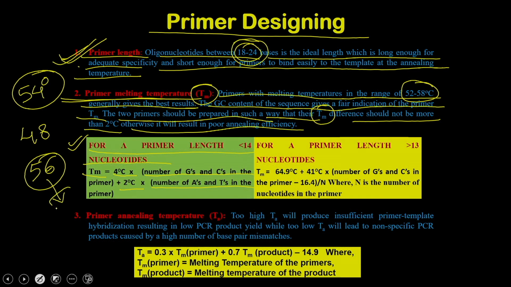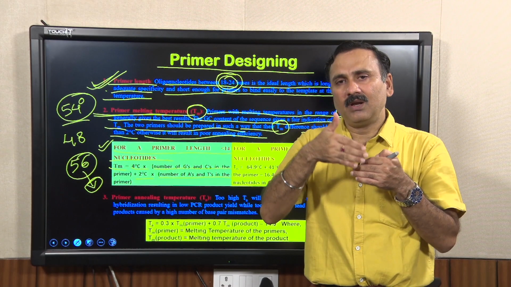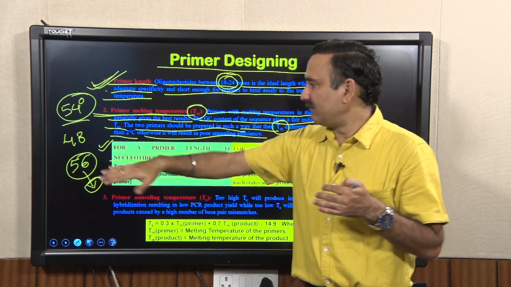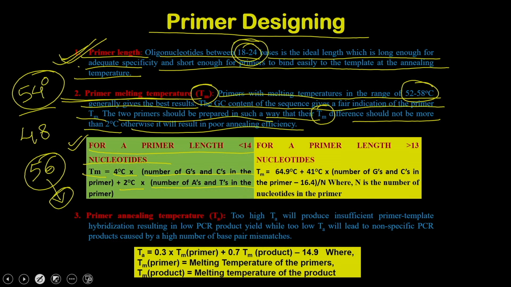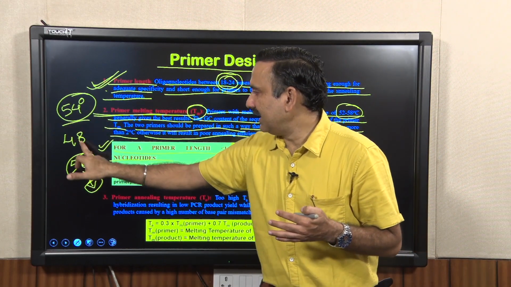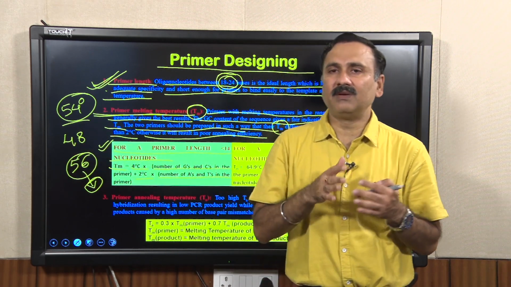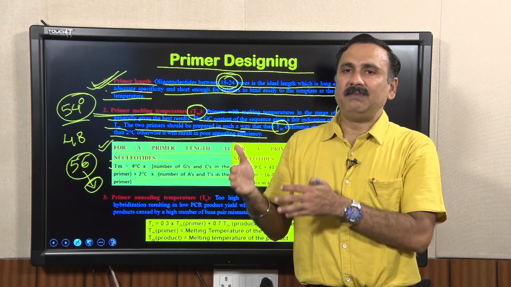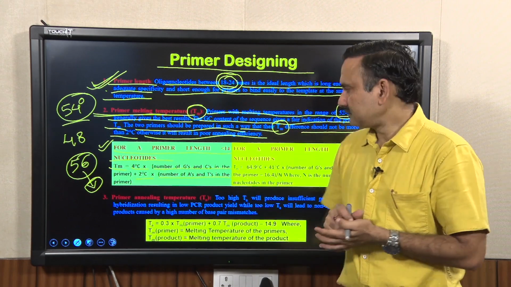The 56 one will bind and anneal to the target DNA, but the 48 one will not anneal, because the annealing temperature is higher than its Tm. So there will be no amplification of your target DNA.